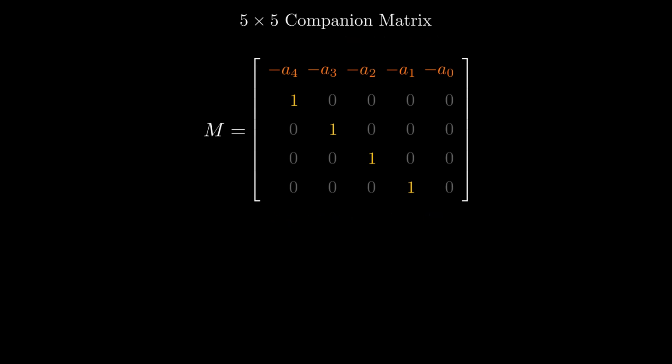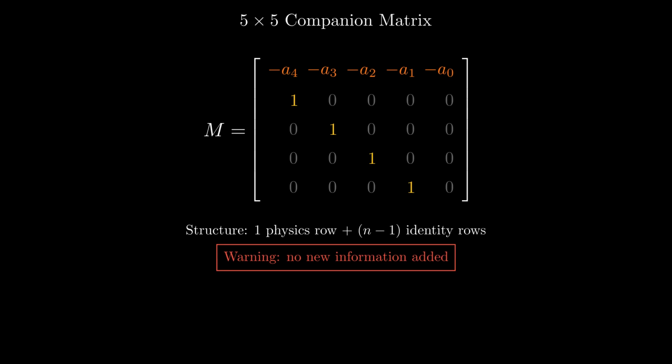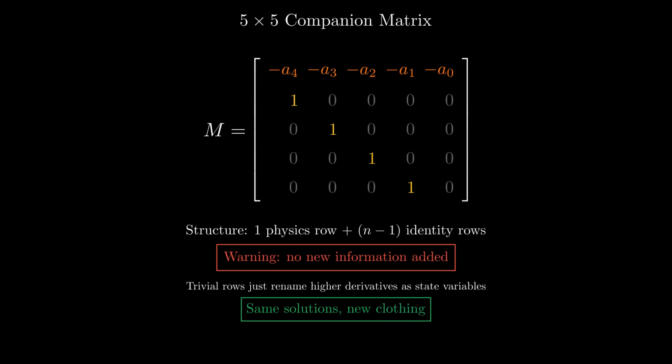The pattern is universal, one physics row coming from the ODE itself, plus n-1 identity rows that each simply say a derivative equals itself. A quick warning here. We haven't added any new information. The trivial equations don't impose new constraints. They just unpack the higher derivatives into named variables. Same solutions, just dressed in new clothing.